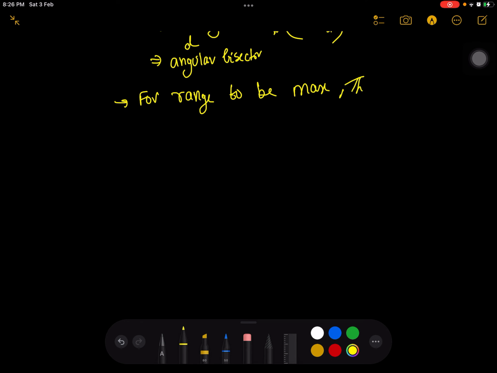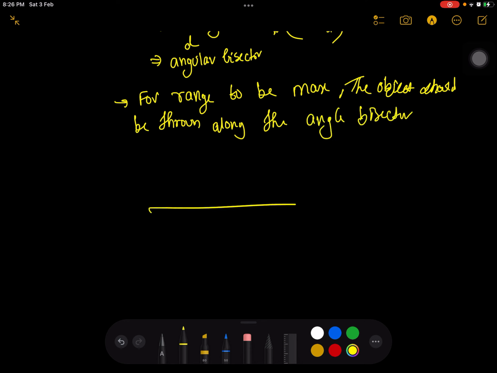The object should be thrown along the angle bisector.